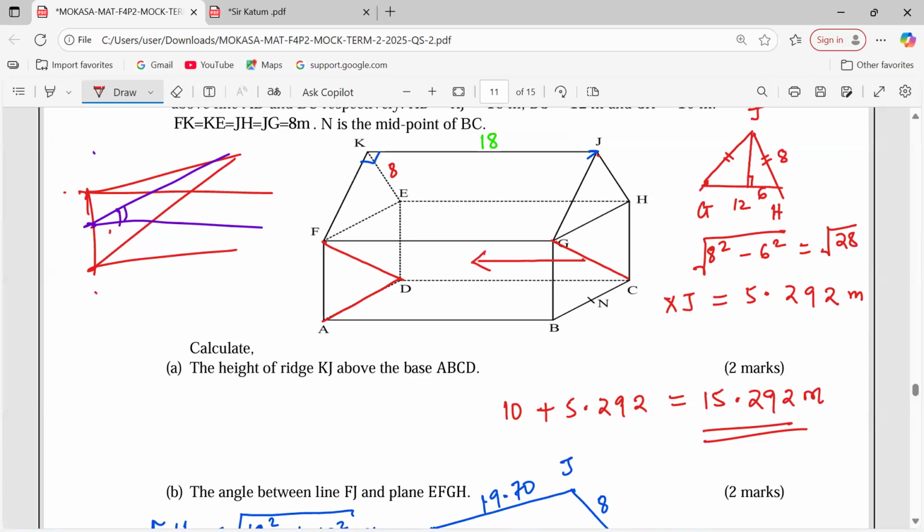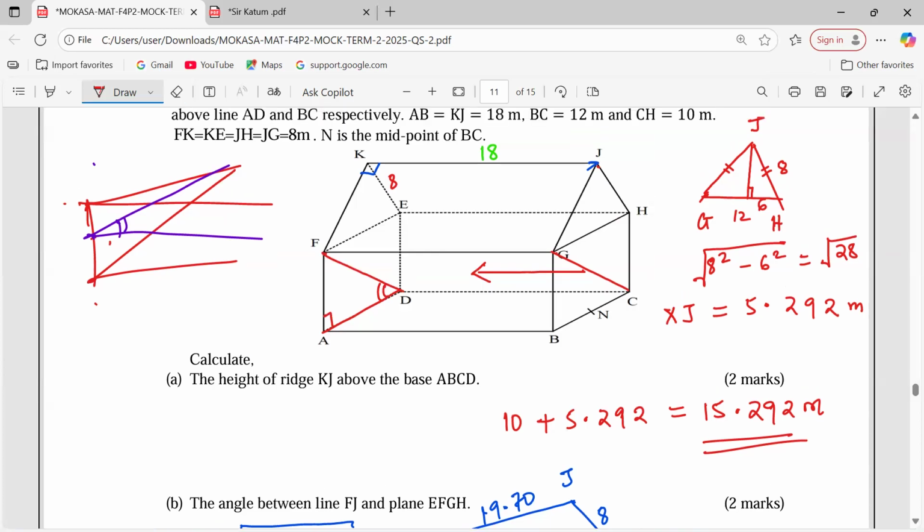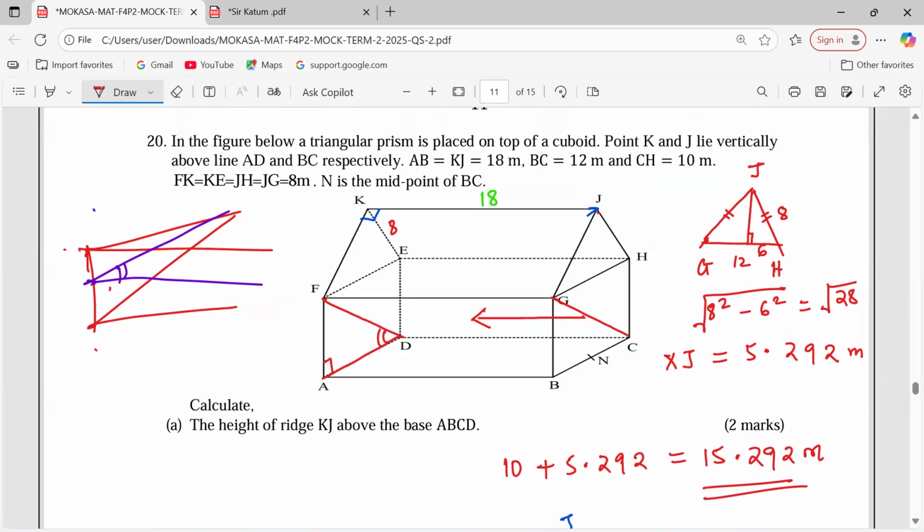So we need this angle at this point. This is right angled. The length AD is going to be 12, just like BC. Then the height here is going to be 10.